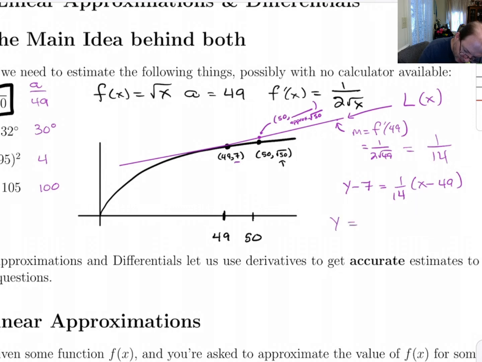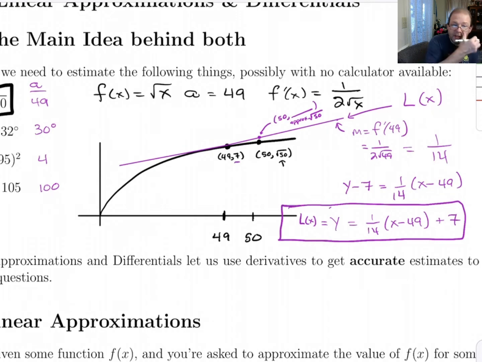So we get y equals 1/14 times x minus 49, plus 7. And that's what we're going to call L of x. That's my linearization of this function at 7.